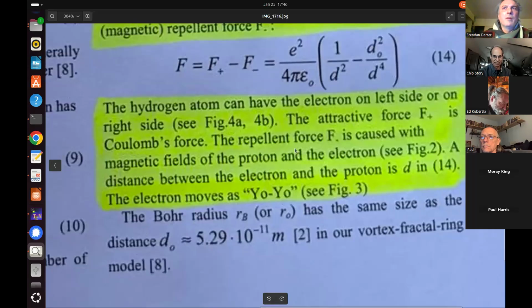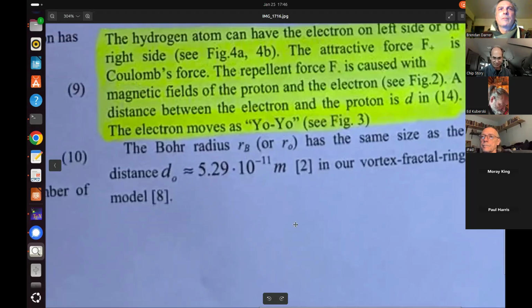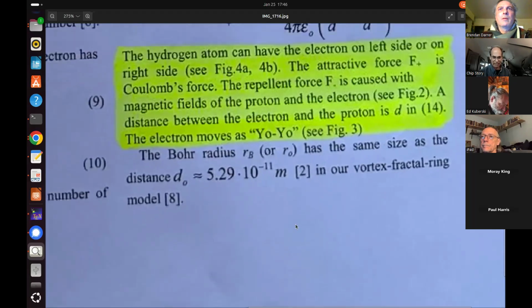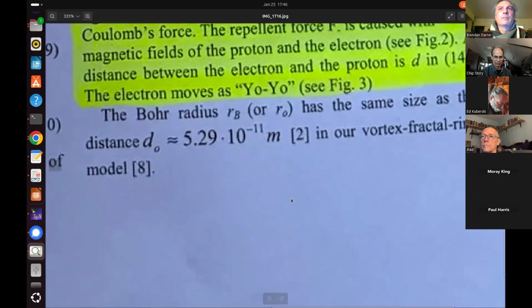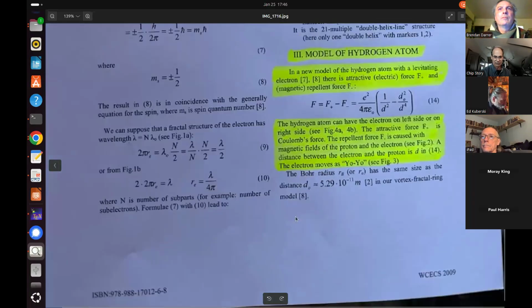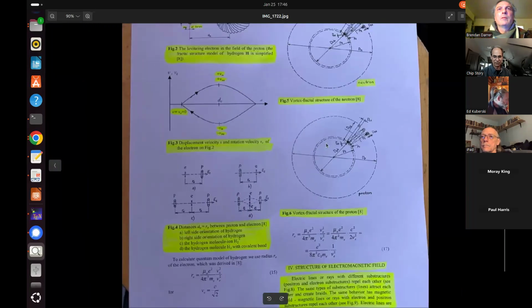The repellent force F sub minus is caused by magnetic fields of the proton and the electron. The distance between the electron and the proton is d. The electron moves as a yo-yo in figure 3. There's a Bohr radius description there, and moving on down, I think we'll get to figure 3 in a minute, on the next page.